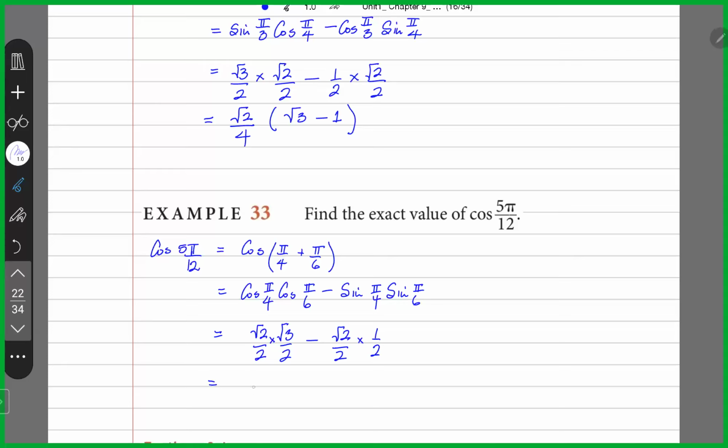Now, if I factor out root 2 over 4 in bracket, I would have root 3 minus 1.